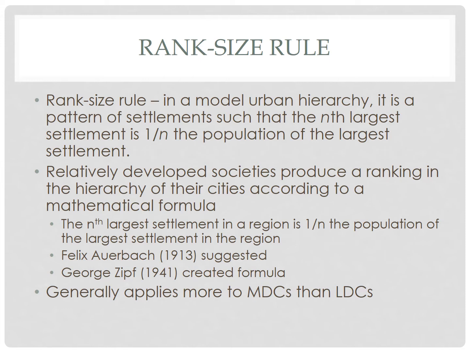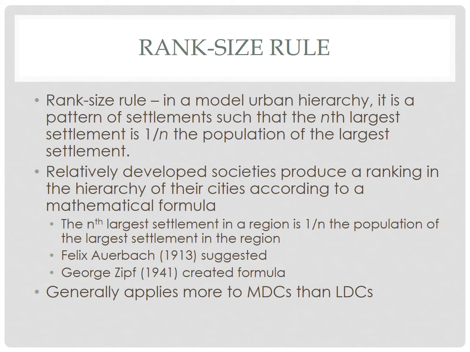We start out by looking at the rank size rule. It's one of our vocabulary definitions. Here it is. In a model urban hierarchy, it is a pattern of settlement such that the nth largest settlement is 1 over n, the population of the largest settlement.